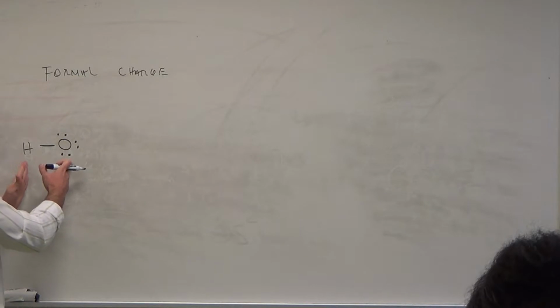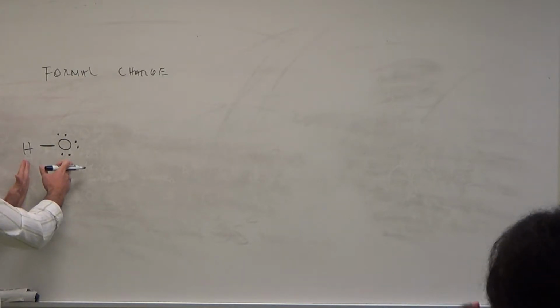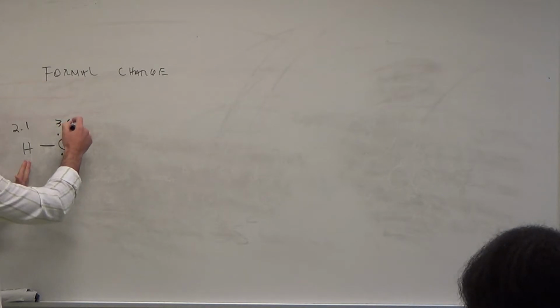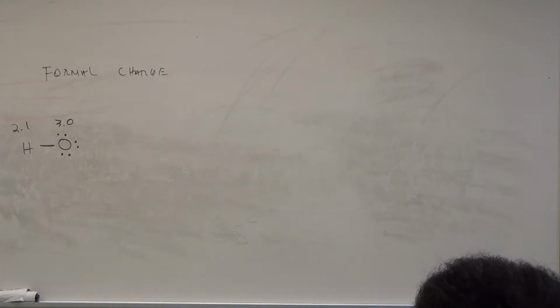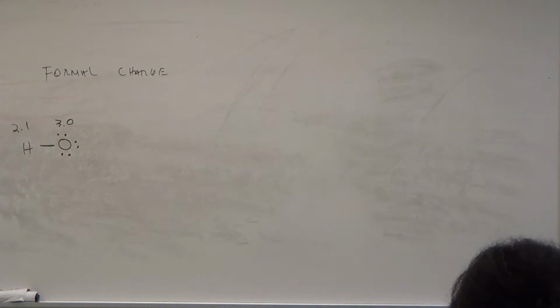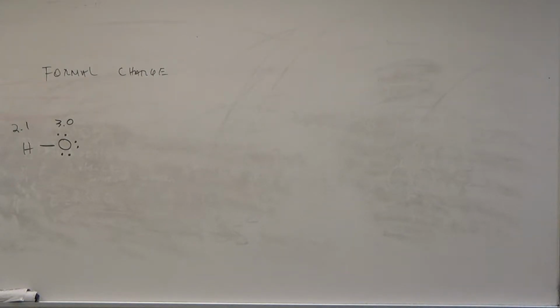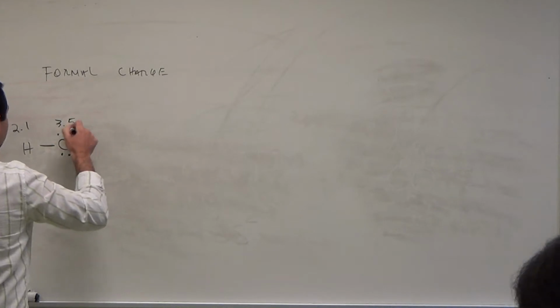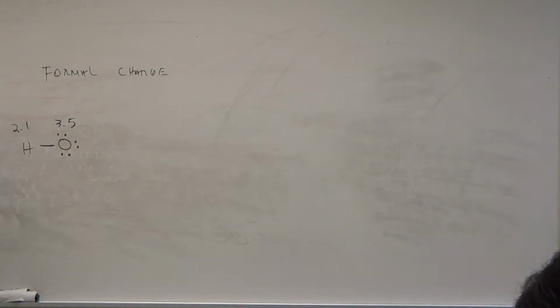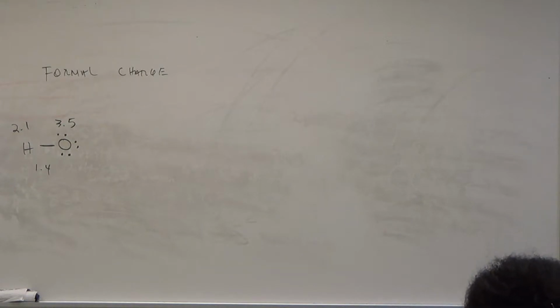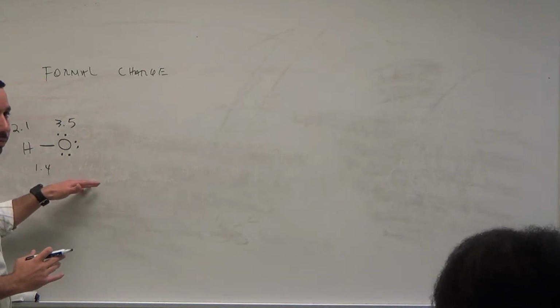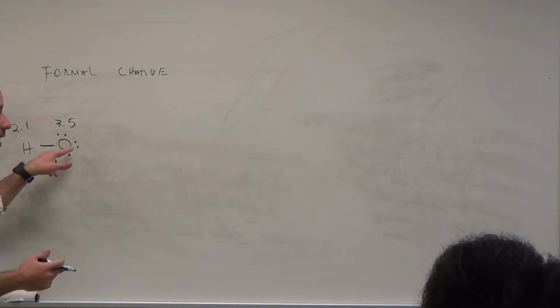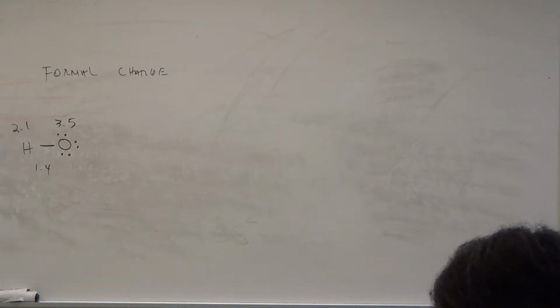The difference in electronegativity between these two: what's the difference in electronegativity? 3.5 minus 2.1 is 1.4. 1.4 belongs to polar covalent. This is not positive, this is not negative. Yes? This has a delta negative, and this has a delta positive. They are not positive.